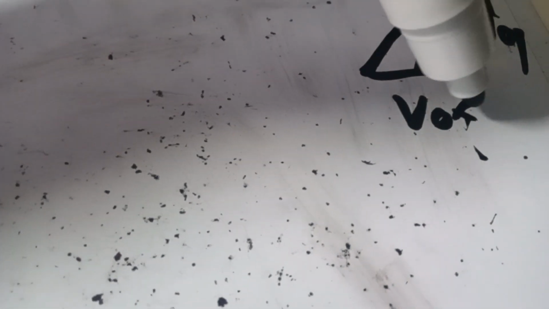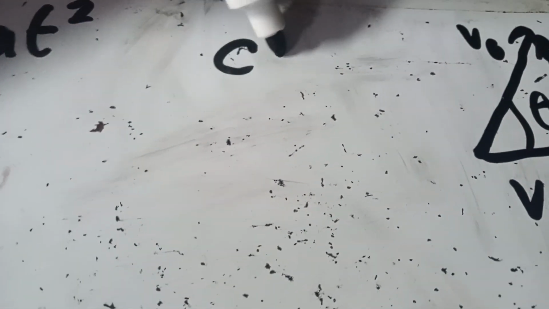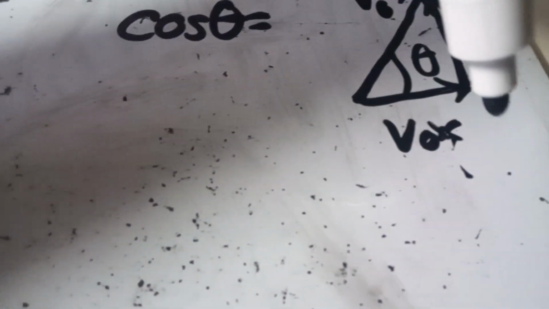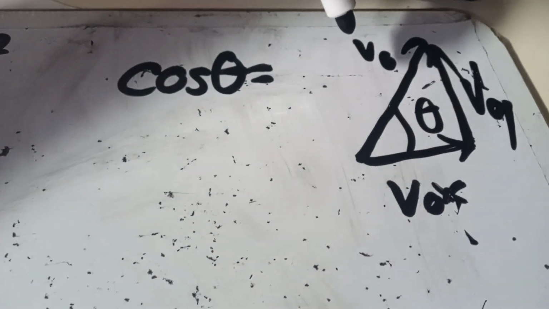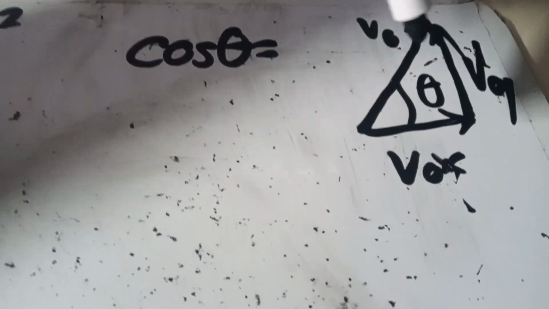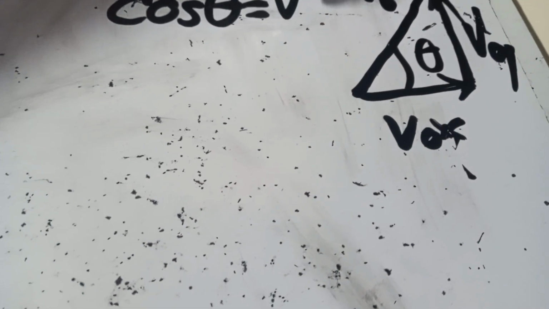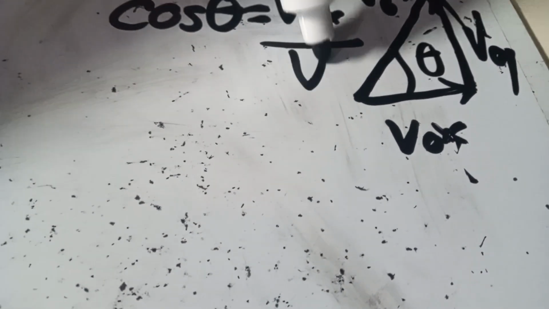But we still need to simplify v0x. So let's go back to the triangle. To rewrite v0x, we can use the cosine function. As we learned, cosine is equal to adjacent over hypotenuse. So from this triangle, it will be v0x over v0.